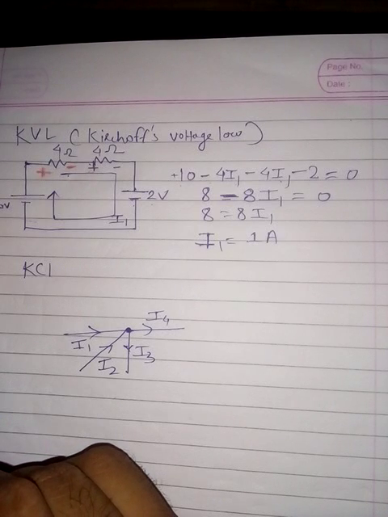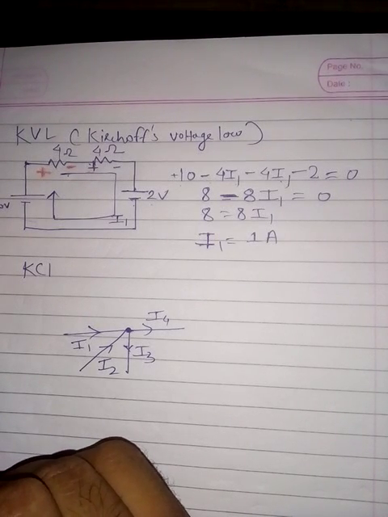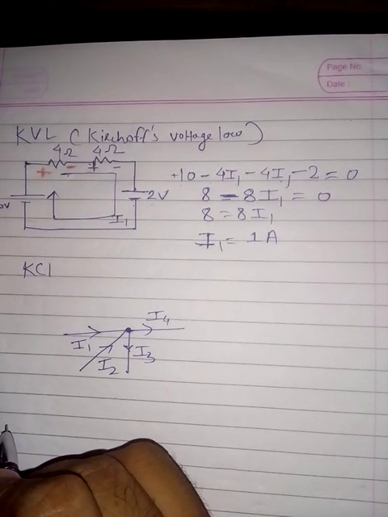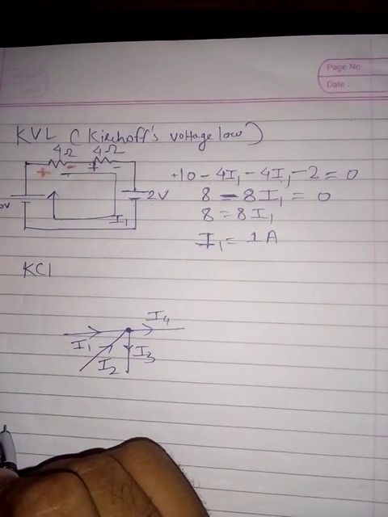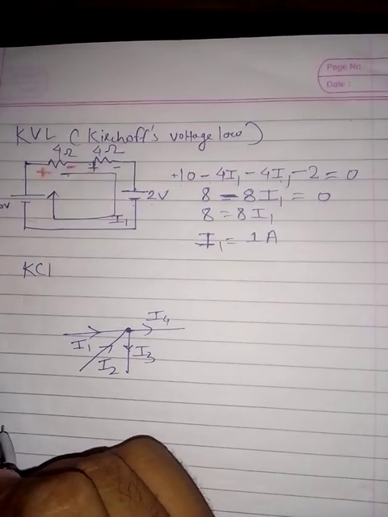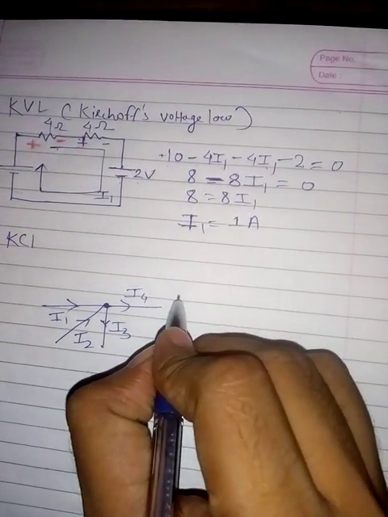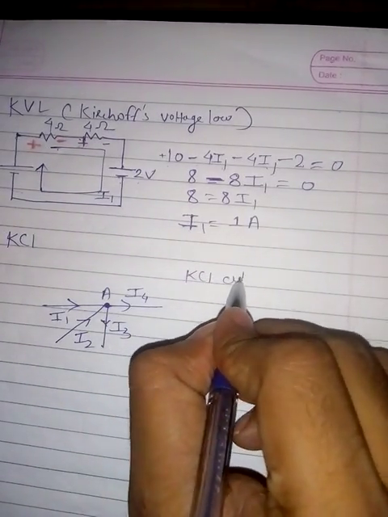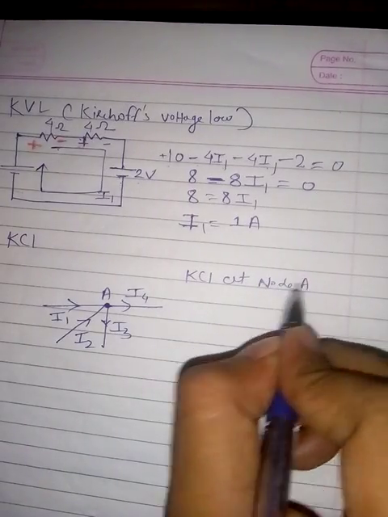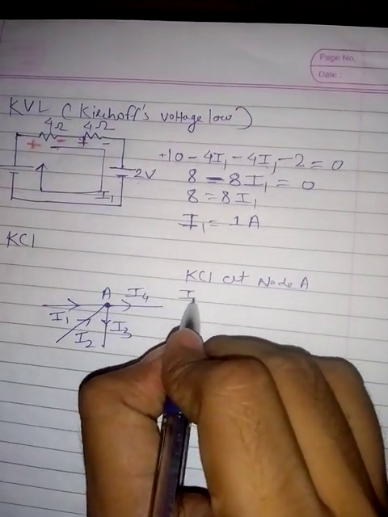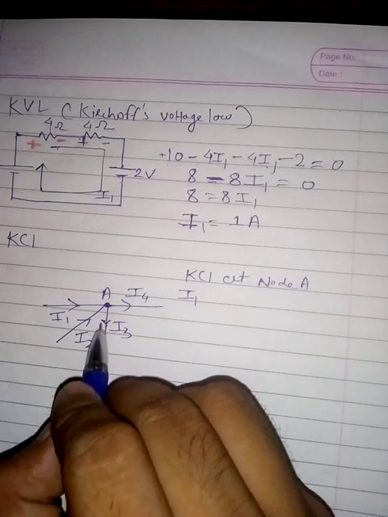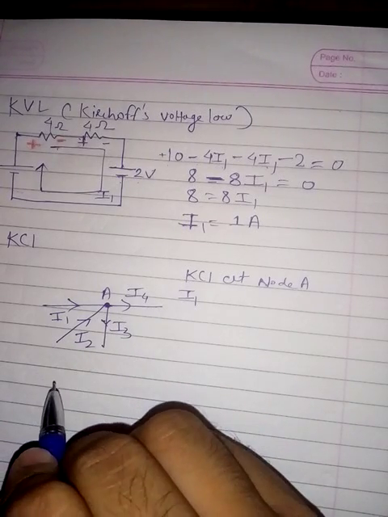KCL means Kirchhoff's current law, and Kirchhoff's current law states that the algebraic sum of the currents at a node or a junction is equal to 0. So here, if I apply KCL at node A, then the algebraic sum of the currents: let's say some currents are meeting at a point and some currents are leaving from the point.